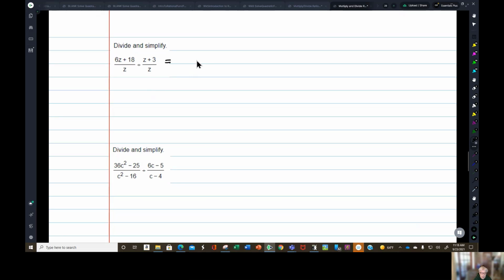Okay, here we go. 6z plus 18 over z times z over z plus 3. This is going to be so easy. This is the only thing we have to factor. 18 is 6 times 3, so there will be a GCF of 6 right there.